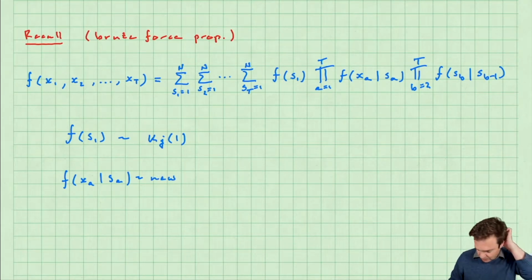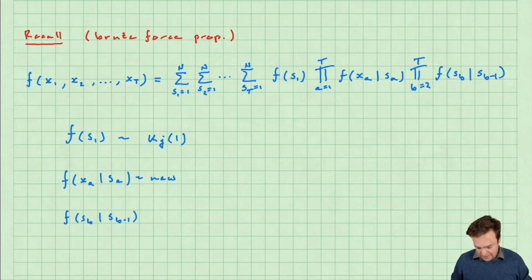You can have lots of different words for this, but it's straightforward what it is. And then the other thing that's not new, that's present here, is the last item, s sub b given s sub b minus 1. And in our previous work, we were calling these things Pij. I'm putting tildes here because these aren't exact: there's no j on the left-hand side, there's no i on the left-hand side. These are the quantities you're supposed to think of from previous work.